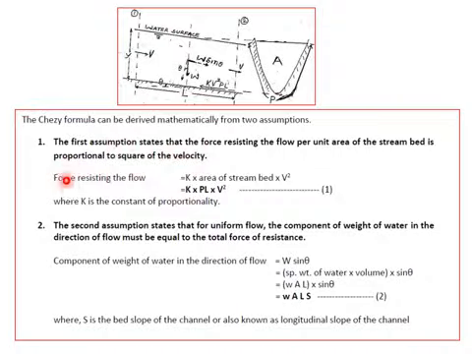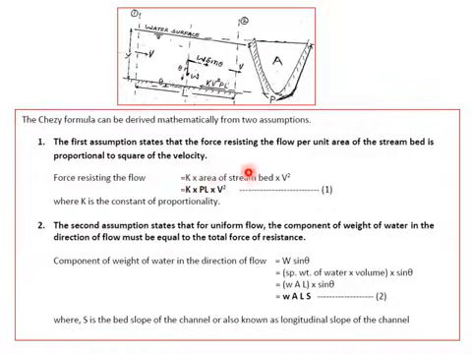So the force resisting the flow is proportional to the area of the bed and the sides, and to the square of the velocity. Taking the area of the stream bed and sides on this side and removing the proportionality sign, it is made equal by introducing a proportionality constant K.